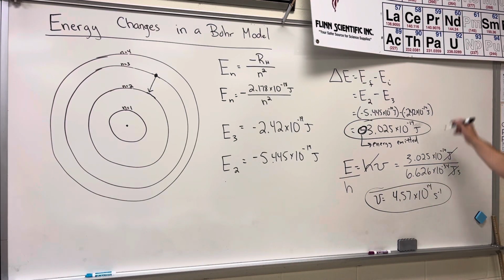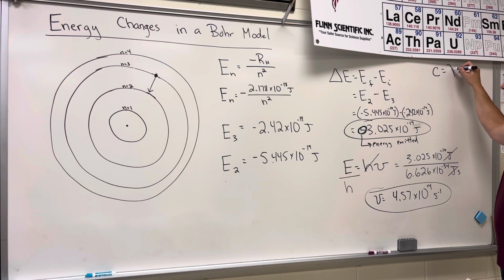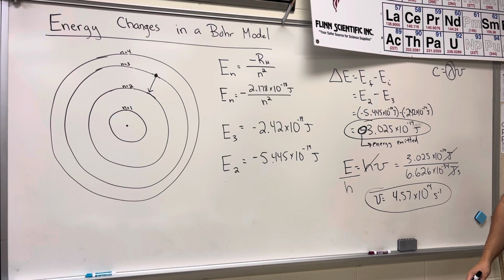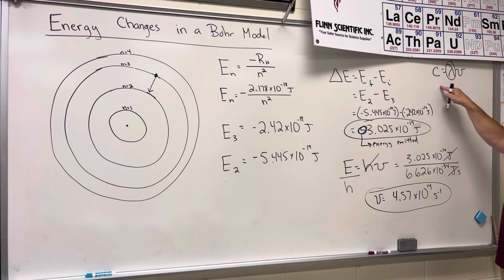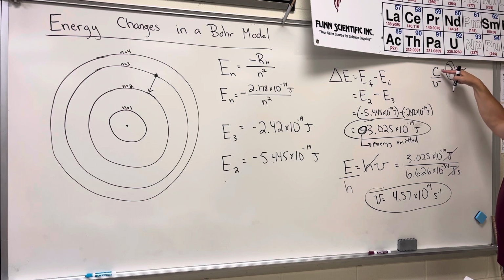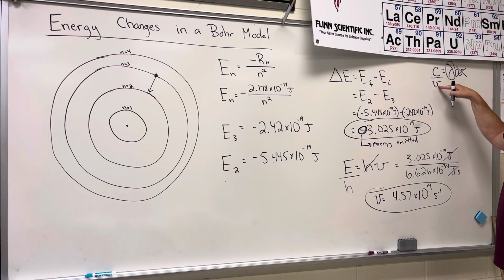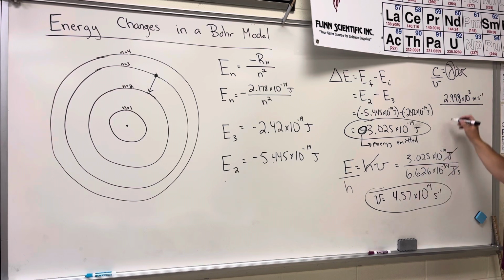Now, with the frequency, we then can use the speed of light equation to figure out the wavelength of this particular photon. We're going to do that by dividing by frequency on both sides. So wavelength is equal to the speed of light divided by the frequency. The speed of light being 2.998 times 10 to the 8th power meters per second, divided by our frequency of 4.57 times 10 to the 14th per second.